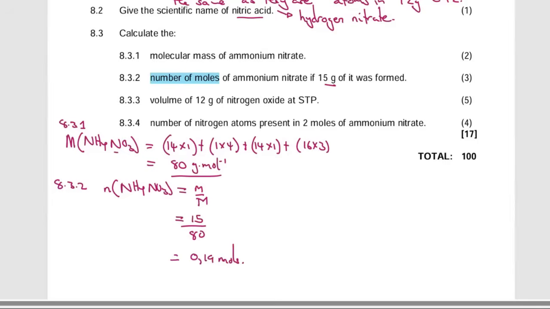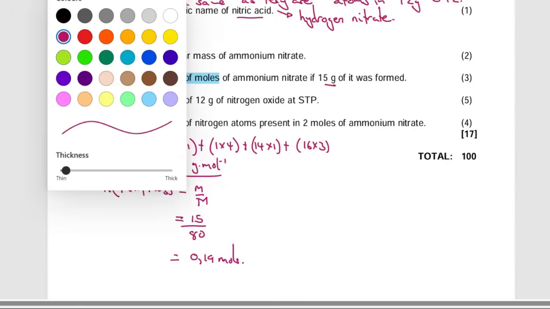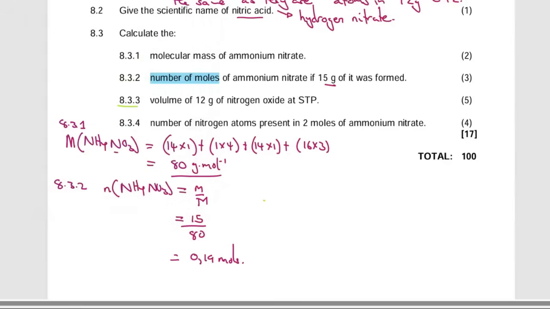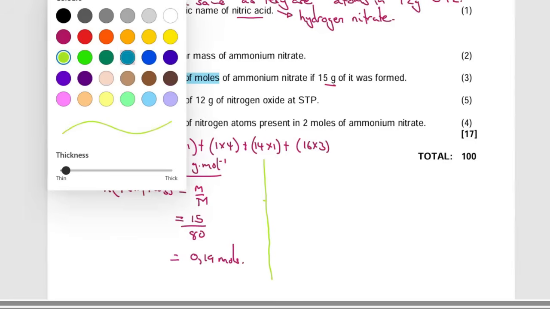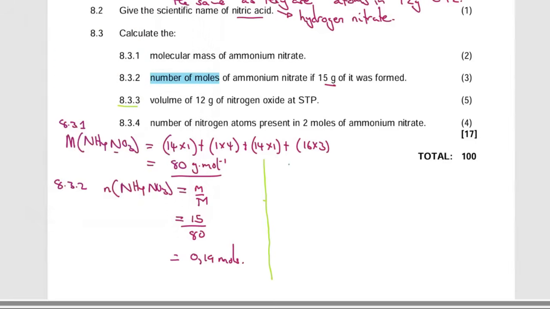Then moving on to question 8.3.3. It says the volume of 12 grams of nitrogen at STP, right? So this is standard temperature and pressure.